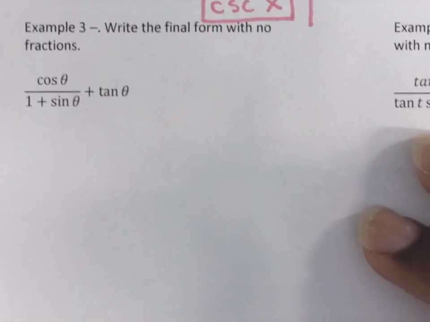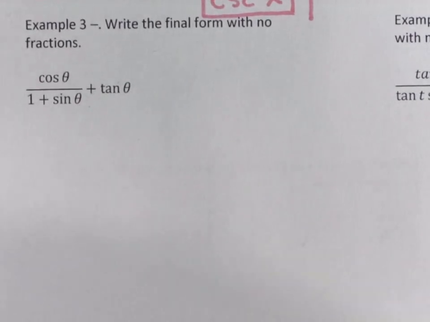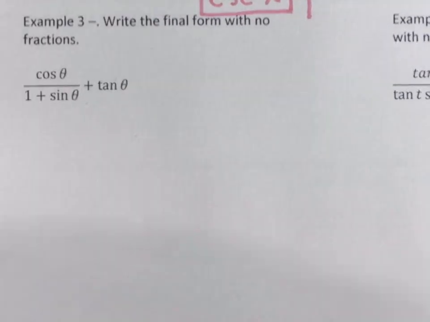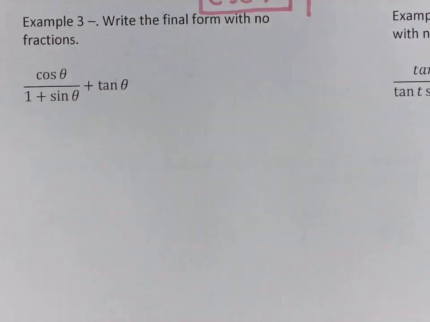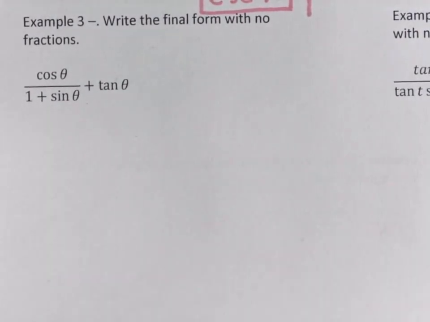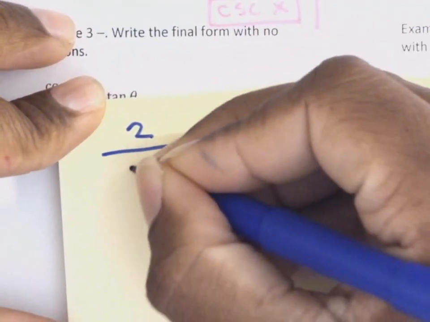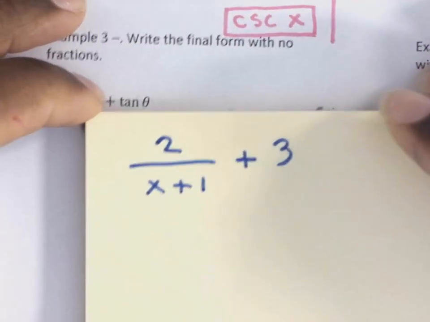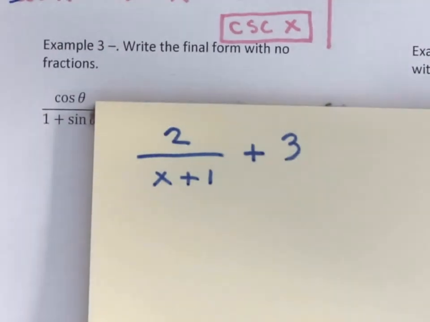Okay, let's go to 3. I see some sine and cosine. I probably want to change this tangent at some point. I have a fraction and a term that's not a fraction, and I want to get these together so that I can add them. Imagine if this was 2 over x plus 1, plus 3. I can't add these together. In order to add them, I need a common denominator.